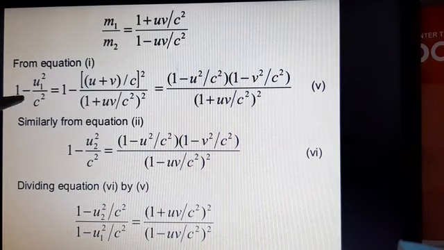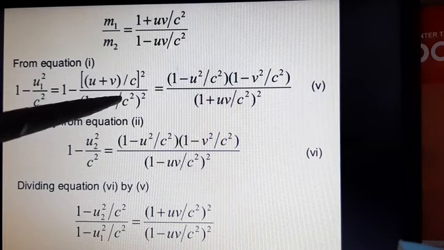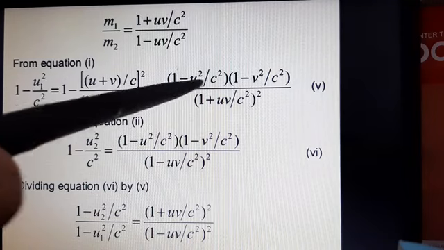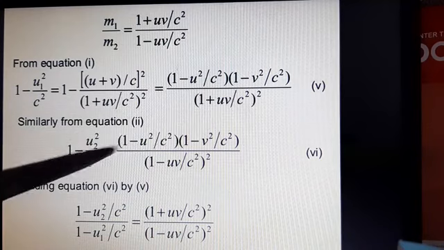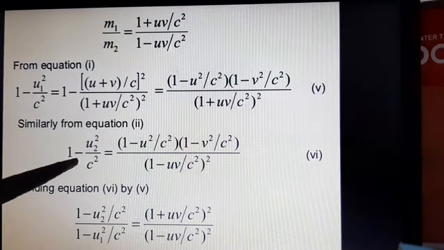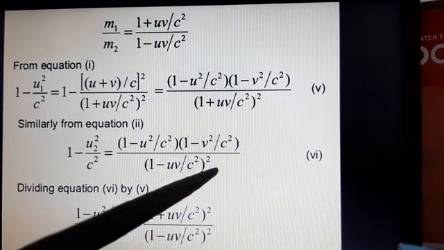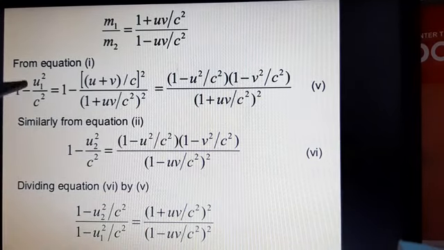Putting the value of U1 here, 1 minus U1 square upon C square, and on solving this equation we will get the result. Similarly, we get 1 minus U2 square upon C square. These equations we can solve by taking these terms.